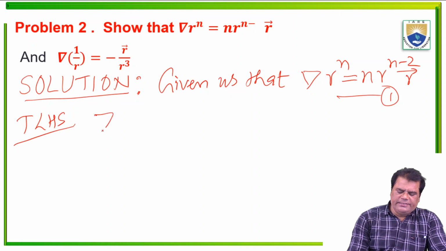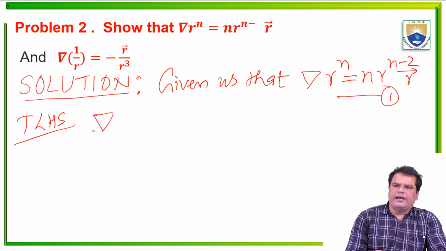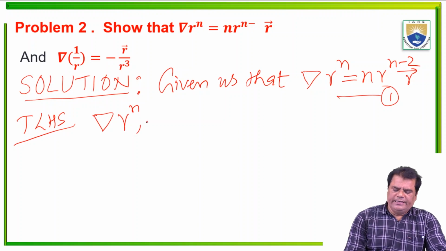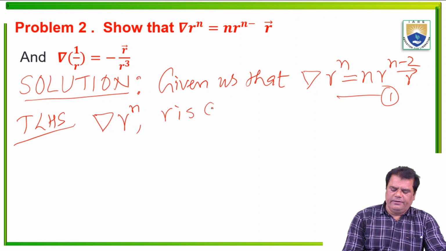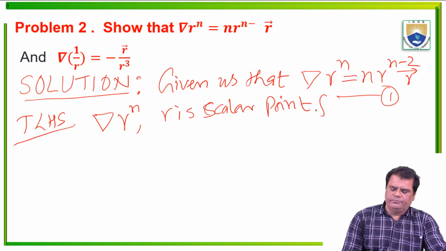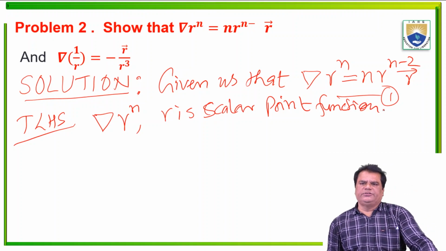Left hand side means del, nabla, of r to the power n. r is a scalar point function.